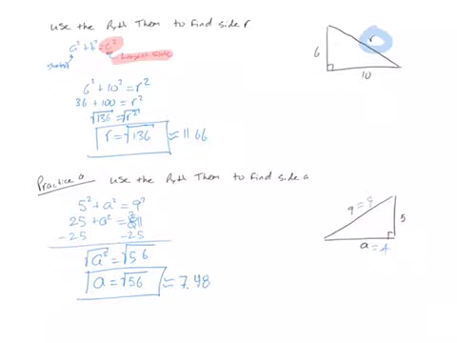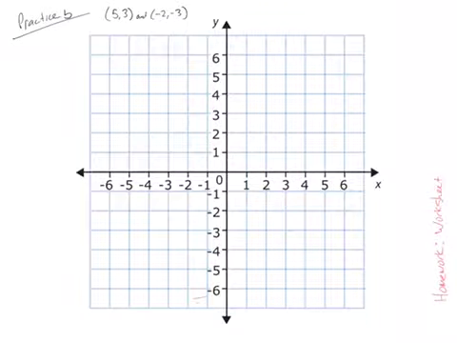One more, we're going to do practice B, which is here. It says use the Pythagorean theorem to find the distance between these two points. So to find the distance between these two points, let's just go ahead and graph them. (5, 3) is right here, where the x is 5 and the y is 3. And (-2, -3) is down here, where the x is -2 and the y is -3.